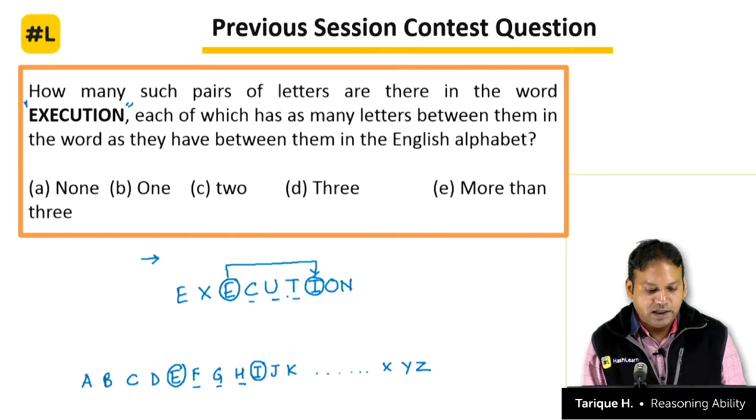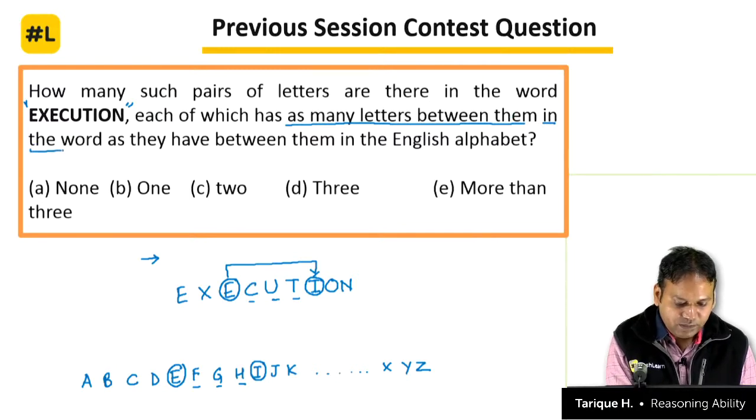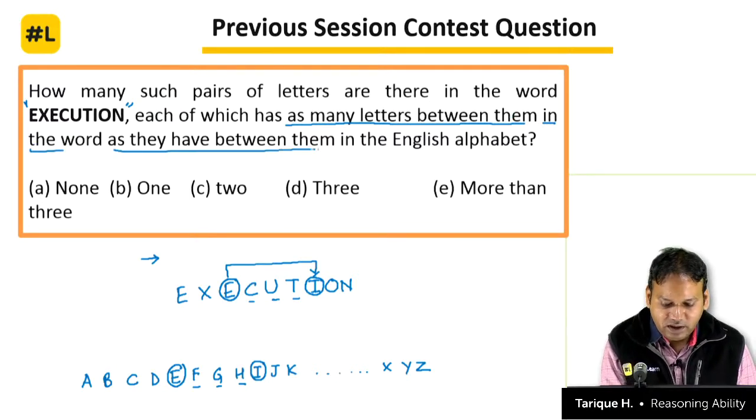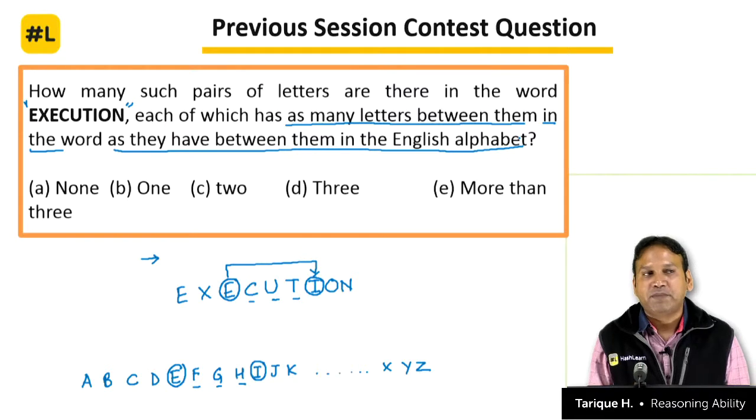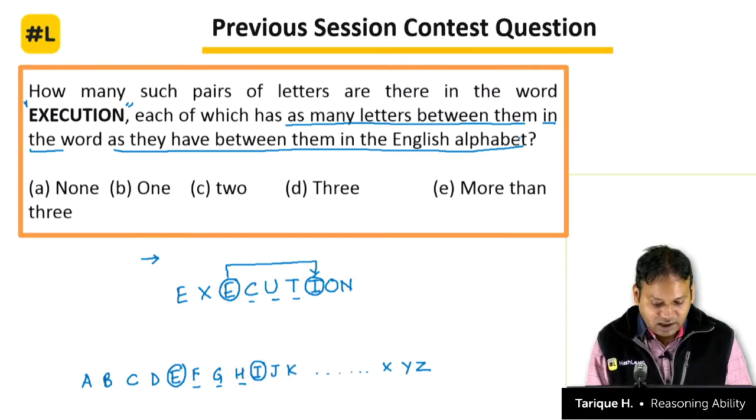That is what the question is asking you, each of which has as many letters between them in the word as they have between them in the English alphabet. So, number of letters between the two letters in the word should be same as the number of letters between the two letters in the English alphabet, clear.